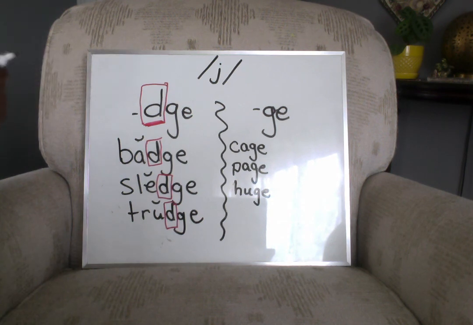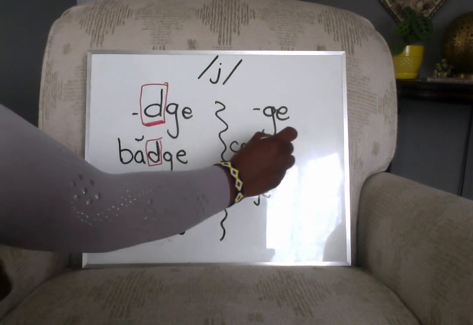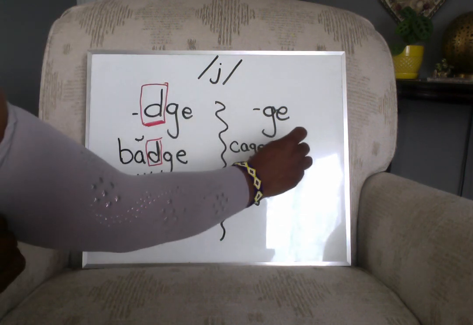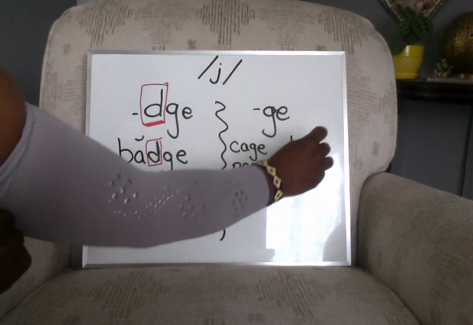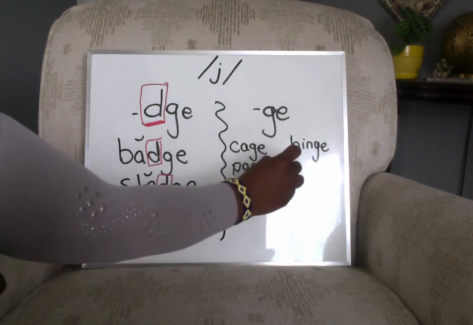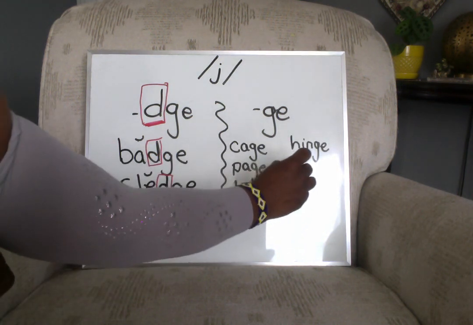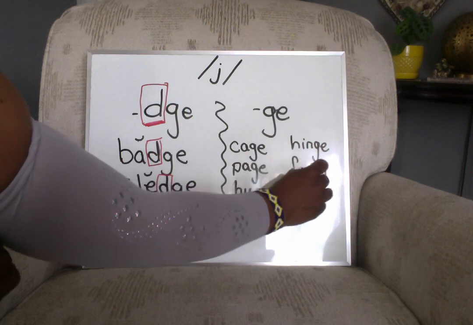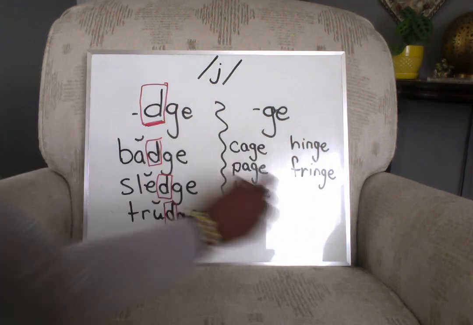Cage, page, huge. And my mind has gone blank. Do you know any? Oh, I'm sure you can come up with some. For the GE with the consonant sound, hinge, fringe, binge.